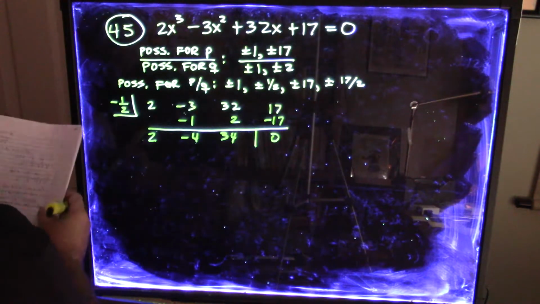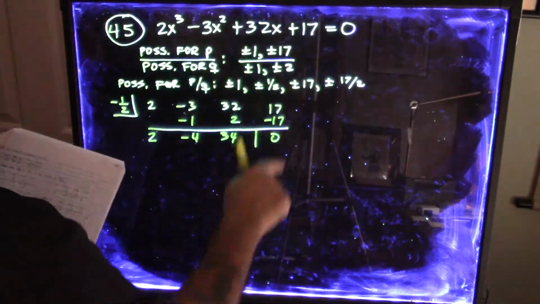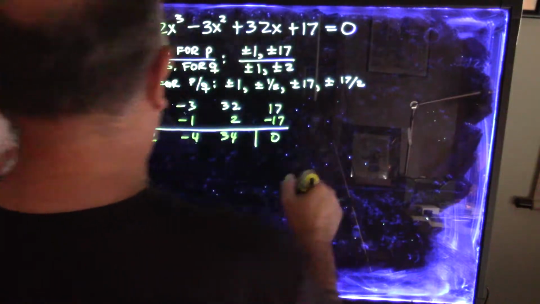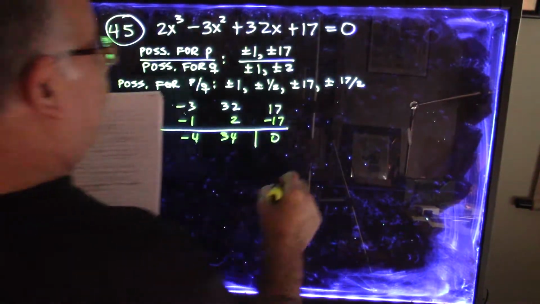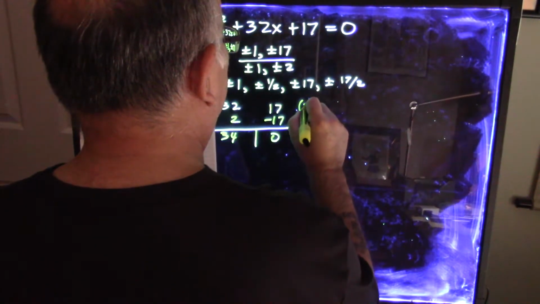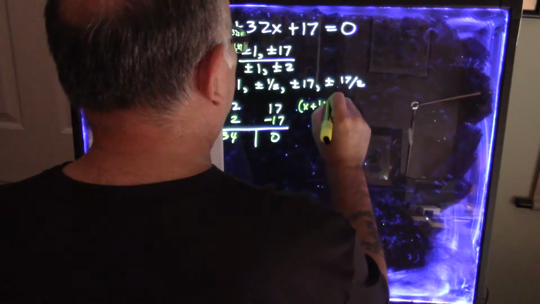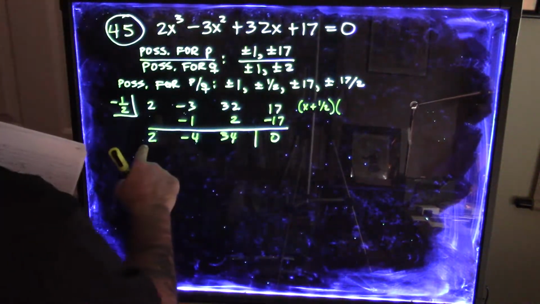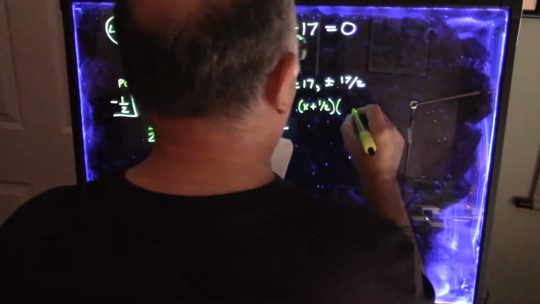So this polynomial can be factored as x minus negative 1/2, or x plus 1/2. And what we have here is 2x squared minus 4x plus 34.